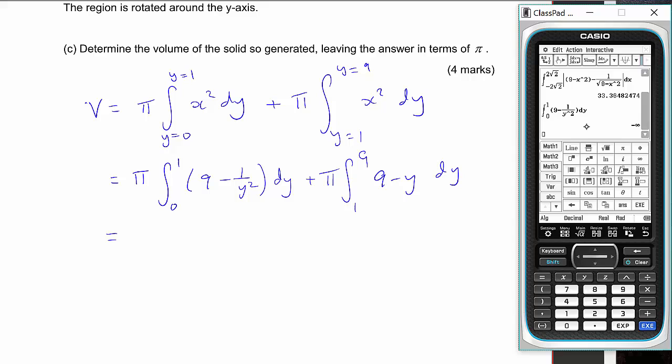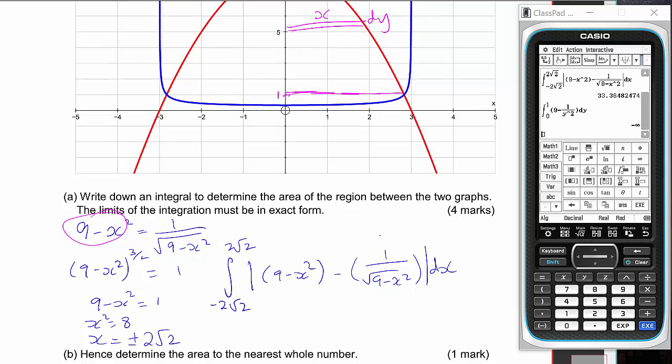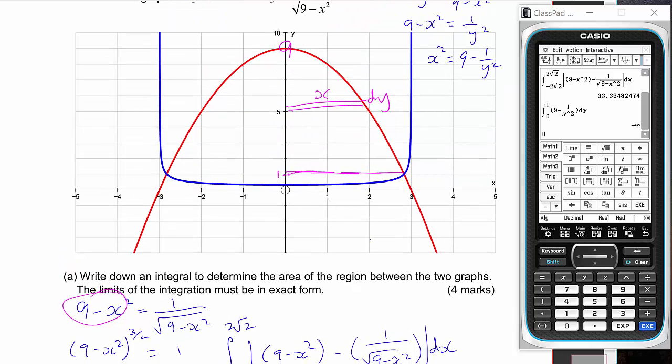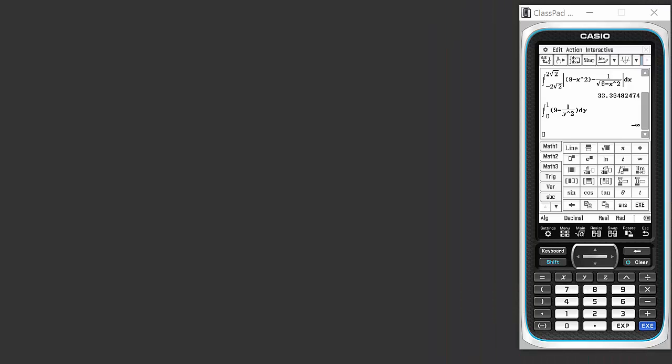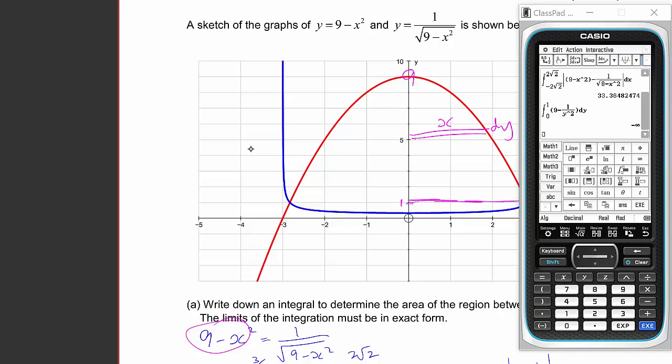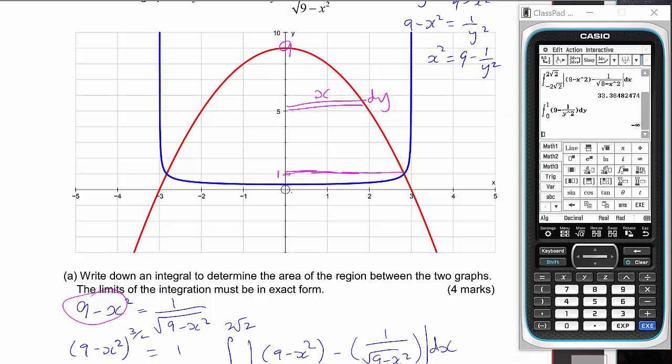Have I messed up somewhere? Let's have a quick look. For the blue one, it's not a 0, is it? Sorry about all the messing around there. We've only got to integrate from the bottom of the curve there.